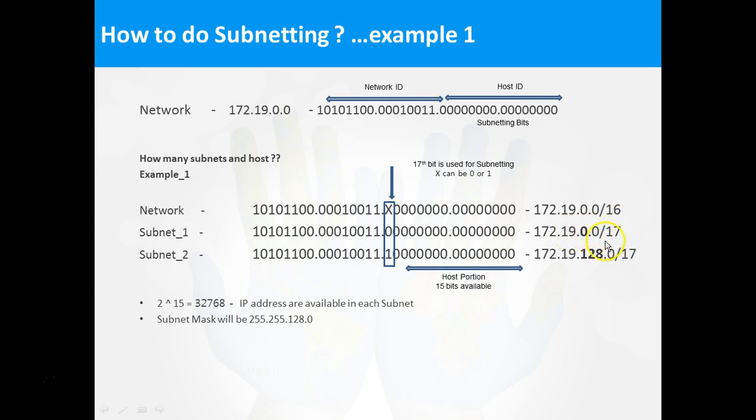The CIDR bit for the subnet is /17, because now 17 bits become the network for that subnet. We are dividing the network into two subnets. The first subnet's ID is 0 and the second subnet's ID is 128. You convert the 8 bits 1 0 0 0 0 0 0 0 into decimal, and you get 128.